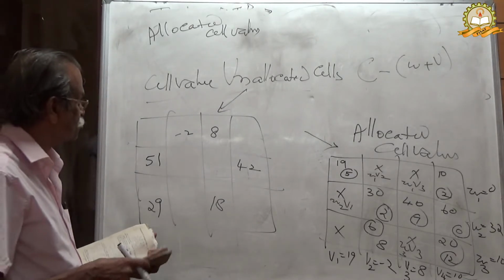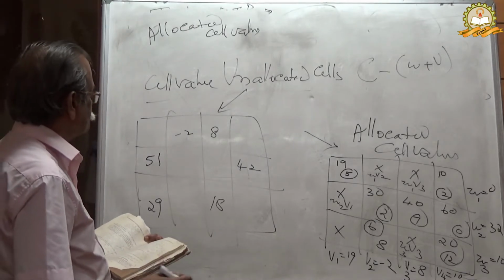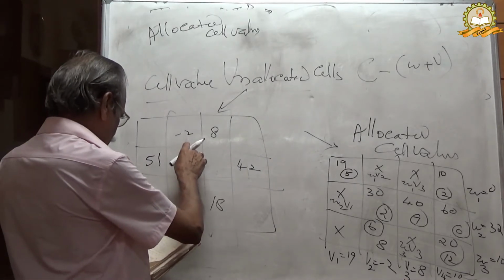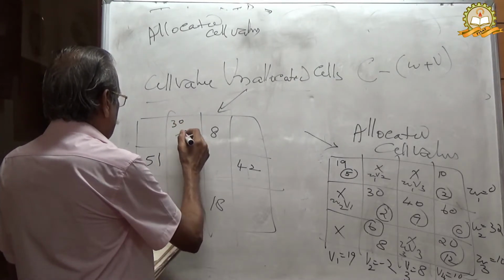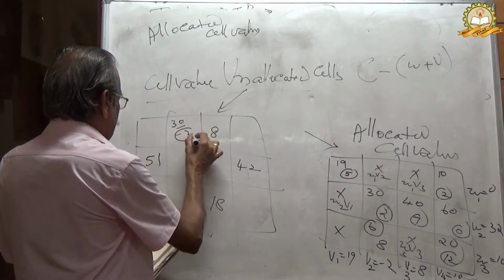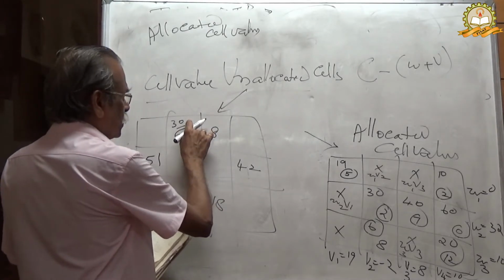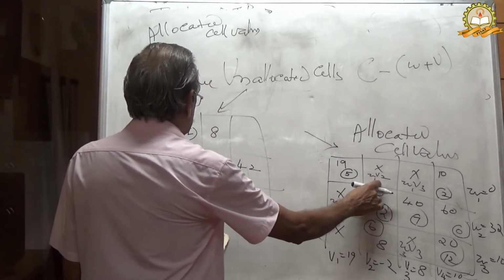That is the original cell value: 30 minus of minus 2. 30 is the original value, U plus V equals minus 2.